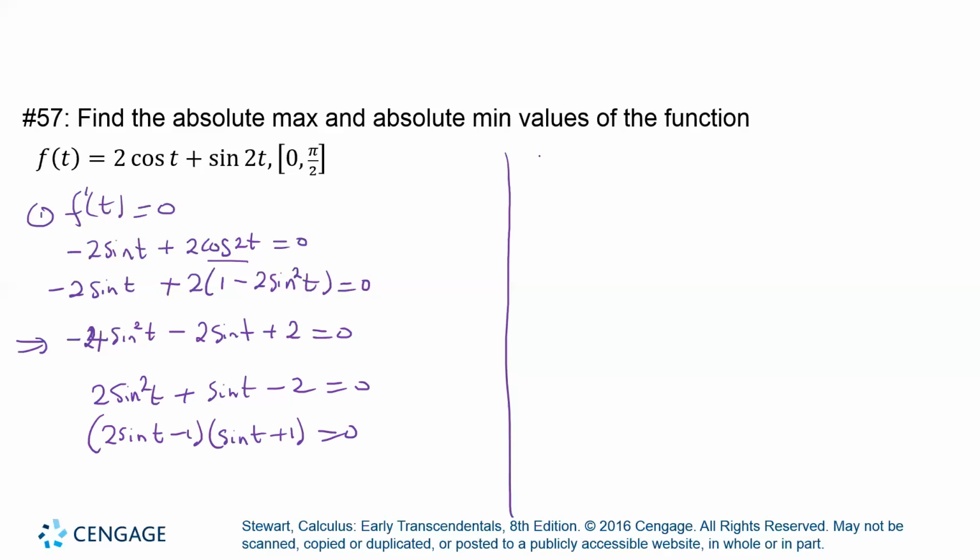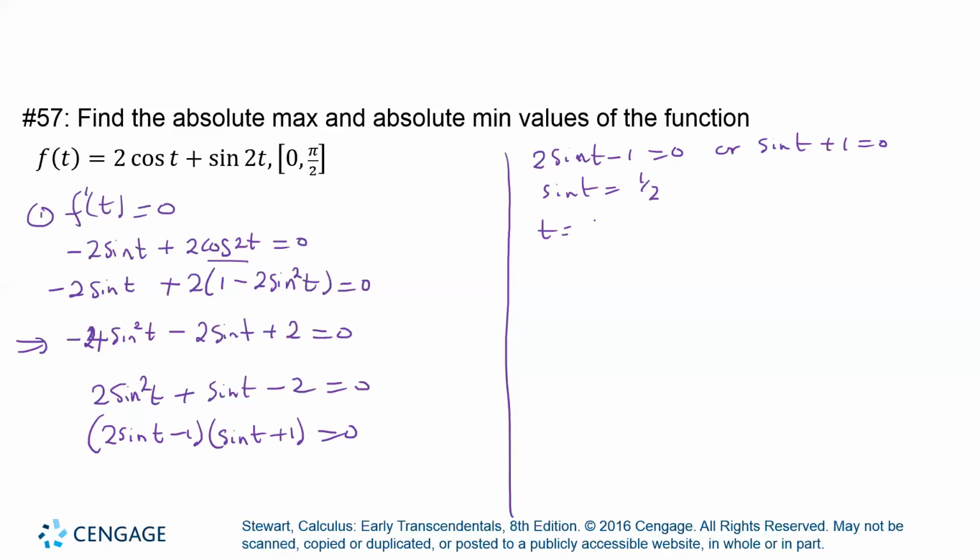So we have two equations there: 2 sine t minus 1 equal to 0, or sine t plus 1 equal to 0. Let us solve this. We equate it to 0, and sine t equals 1/2.